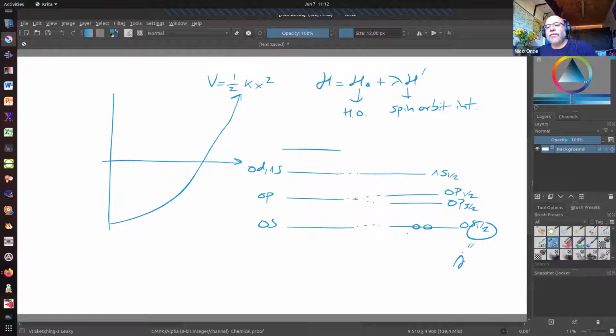orbit, right? So we know the Pauli principle allows only 1, 2, 3, 4 here, 1, 2, and here we have another 1, 2, and then this guy splits also onto the 0d 3/2 and the 0d 5/2.